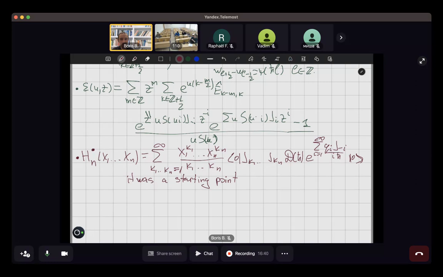I think minus 1 appears when we call it x minus 1. In this formula, it's just x, I think. It depends. And then WKL is just this exponent.